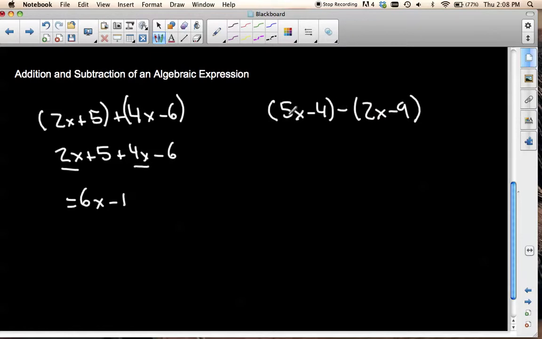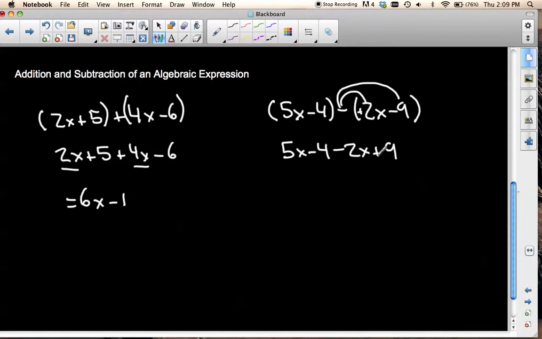My 5x minus 4 stays the same, but my negative gets applied to what's inside the brackets, both my monomial and my constant. So I have negative 2x and negative 9 being affected. This negative and an invisible positive here become negative 2x, and this negative affects my negative 9, which becomes plus 9.